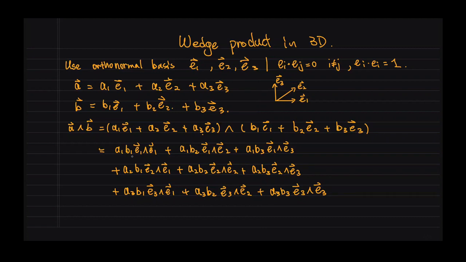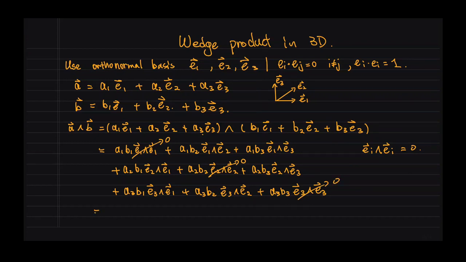We get A1 B1 E1 wedge E1, and A1 B2 E1 wedge E2, and A1 B3 E1 wedge E3, and you get the same idea. But since we know that in wedge product any vector wedge itself is equal to 0, this is 0, this is 0, and that is 0.